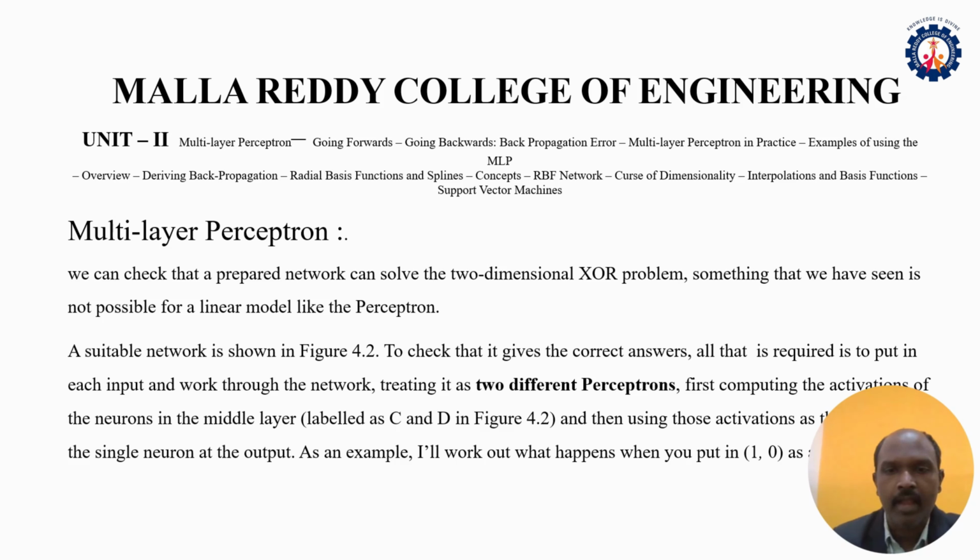This activation function gives a single neural output, for example, and it works on joining the inputs 1 comma 0, so that the XOR problem is trained for that particular problem statement.